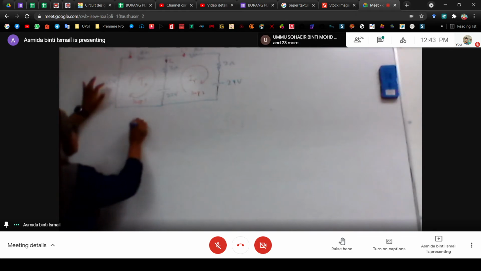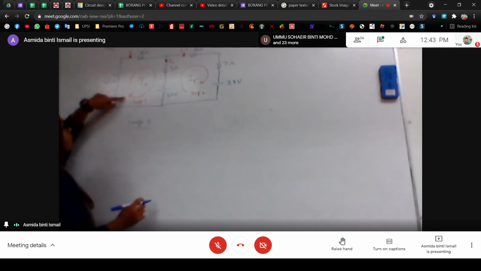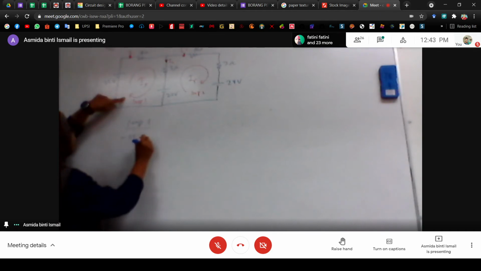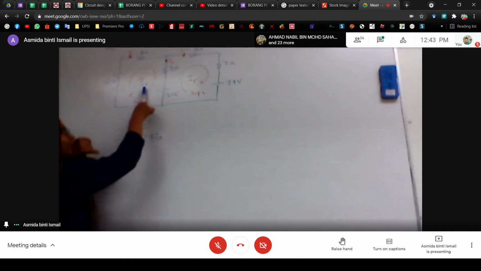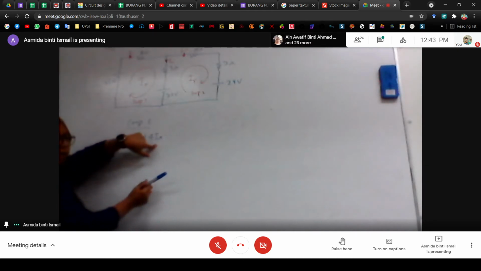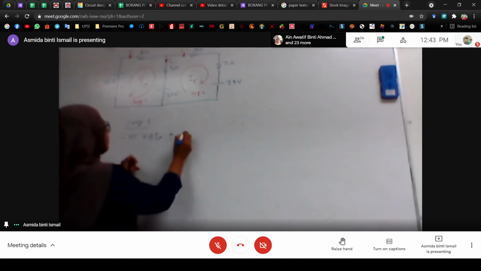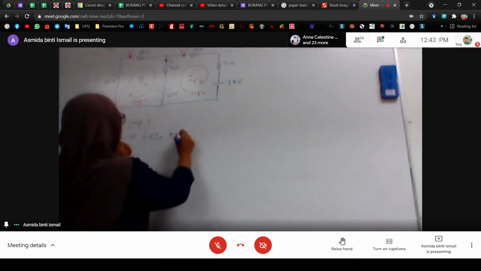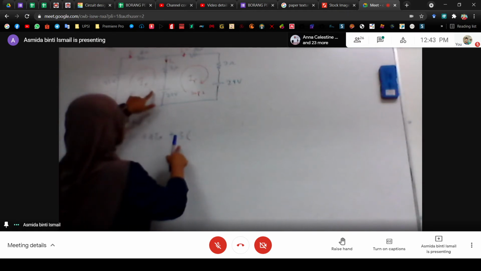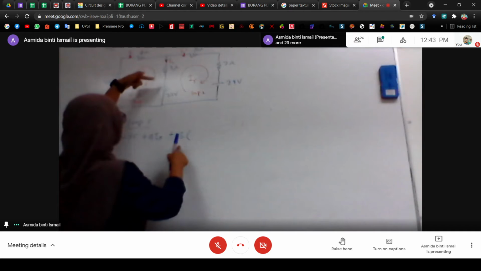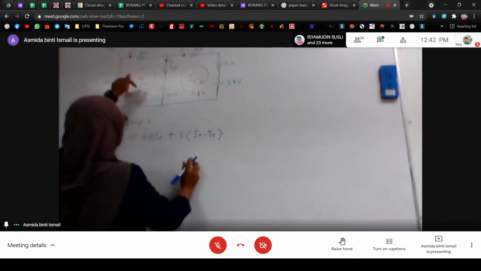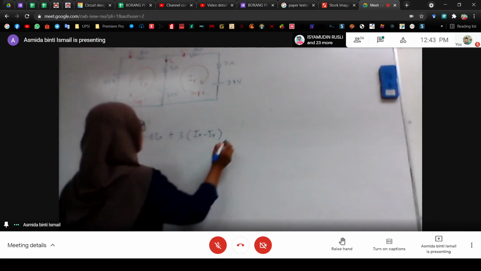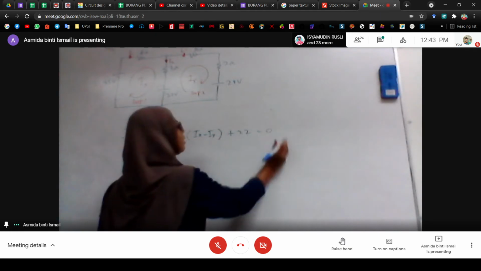So loop 1. For loop 1, minus 25 plus 4Ix. If you label this as Ix, you write this Ix plus, write this 3 Ix minus Iy, plus 22 equals 0.